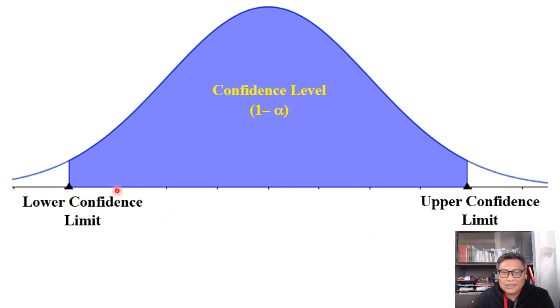You will notice, class, that there will be a lower confidence limit and an upper confidence limit. This is what we are going to solve, class. What will be the lower limit and the upper limit, because this will give us the range of the interval where we can identify where the true mean lies at a certain confidence level.